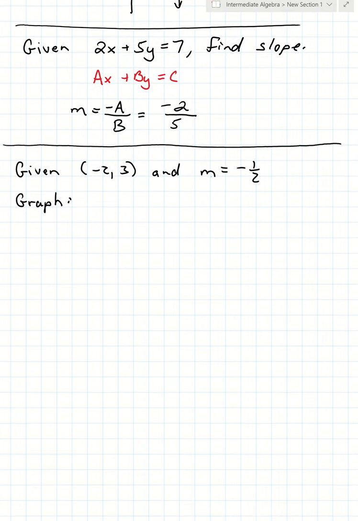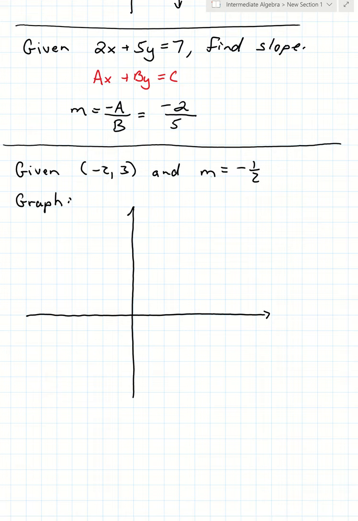We would start by plotting our ordered pair. We always need a starting point, and luckily for us, we have one. We are given a coordinate of negative 2, 3. So let's graph that. Negative 2, 3 would be about here. That would be the location of our starting point.